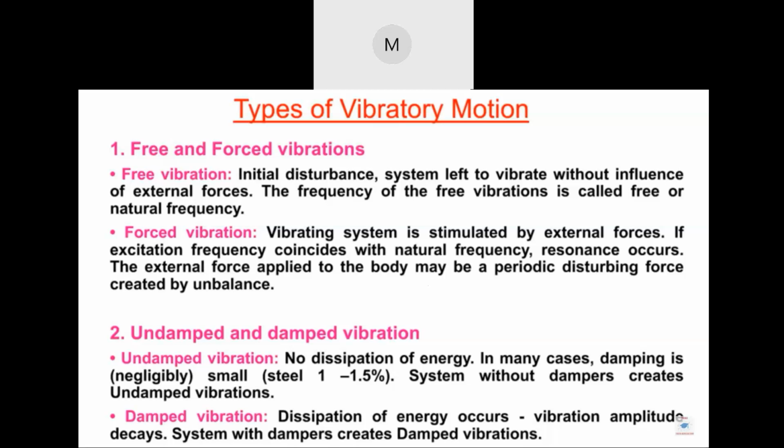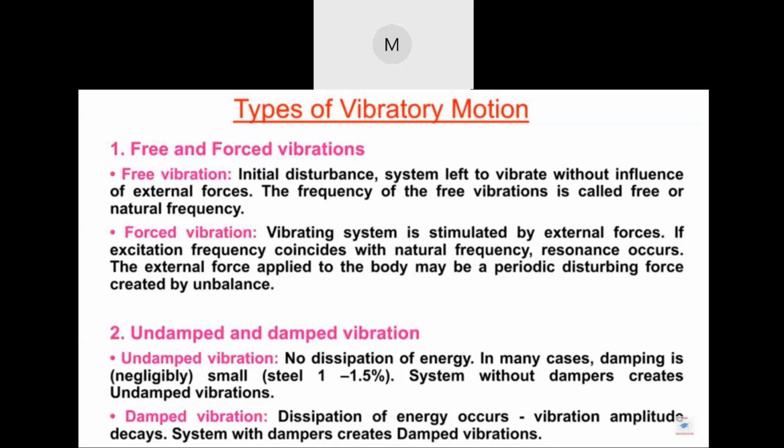What is damping? We have studied previously. Damping is resistance to vibration. That means no resistance to vibration is there due to dampers. At that time, this vibration is called undamped vibration. That is, no resistance means no dissipation of energy.